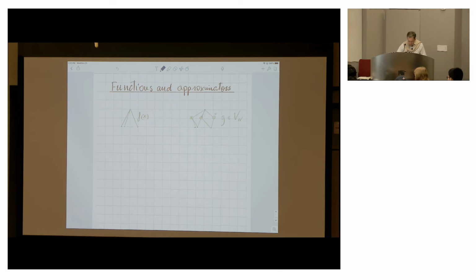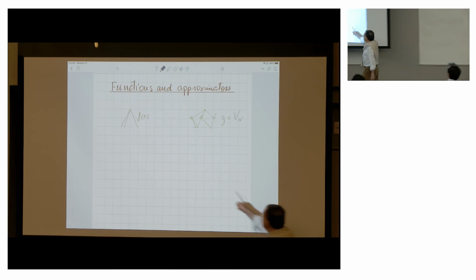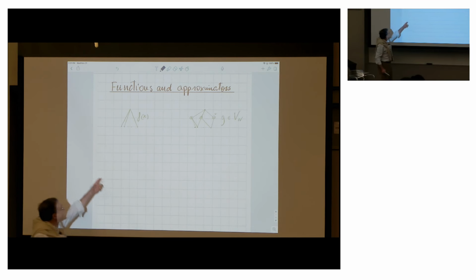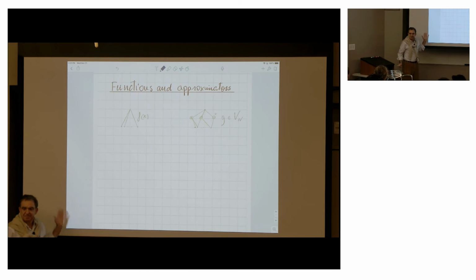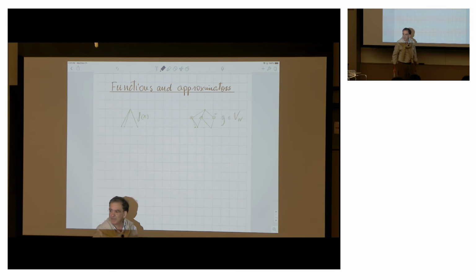And so, for instance, a typical example is that I have a function, and so this is not a network. I use this graphical notation. It's a graph. It's just to note a function, okay? But this one, I use this notation to say it's a network with one hidden layer.